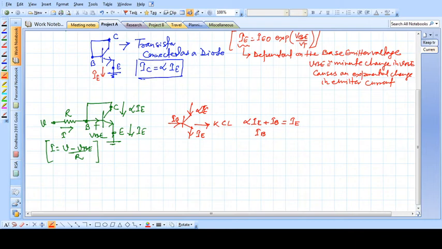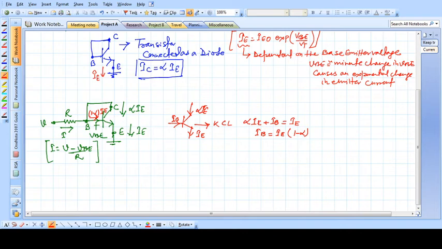So IB is, taking IE common, 1 minus alpha times IE. Is it okay?